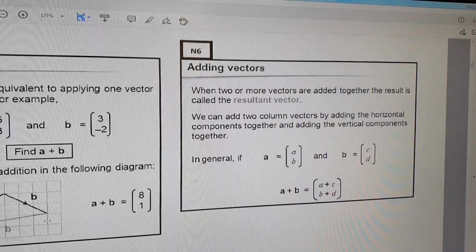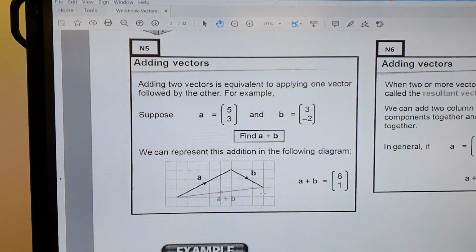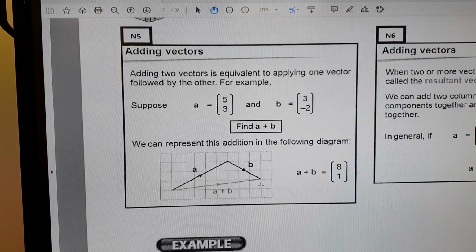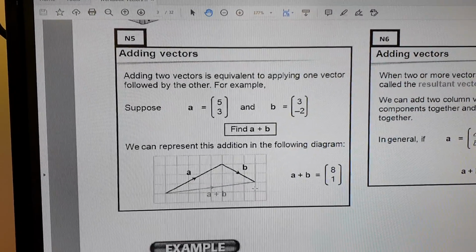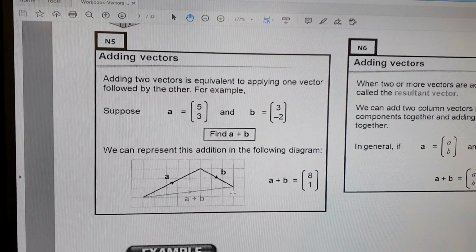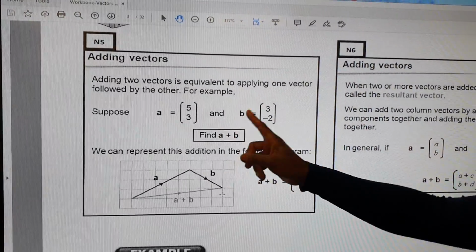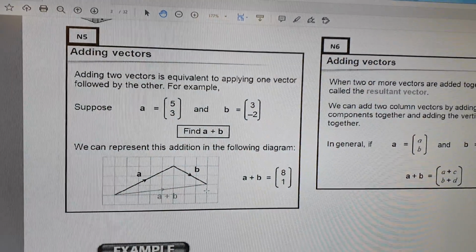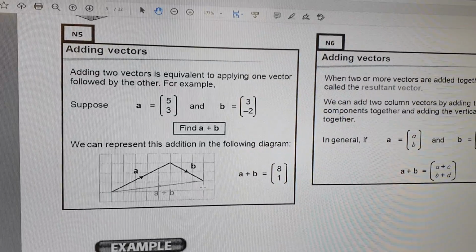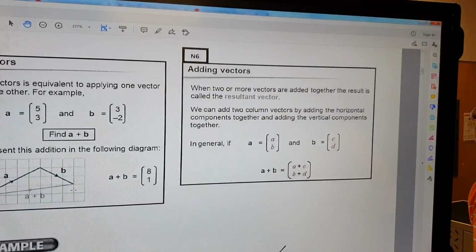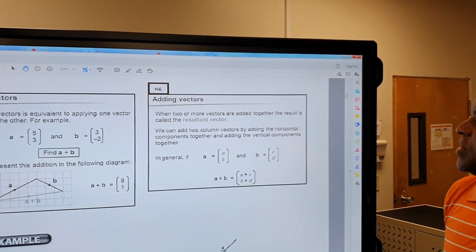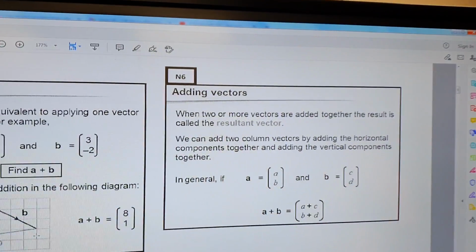In this case, 5 was the x number for the A vector, and 3 was the x for the B vector. 5 plus 3 gave us 8, and the y values, 3 minus 2 gave us 1. So, in general, we can add two column vectors by adding the horizontal components together and adding the vertical components together.